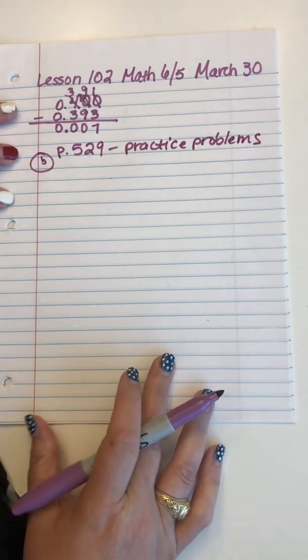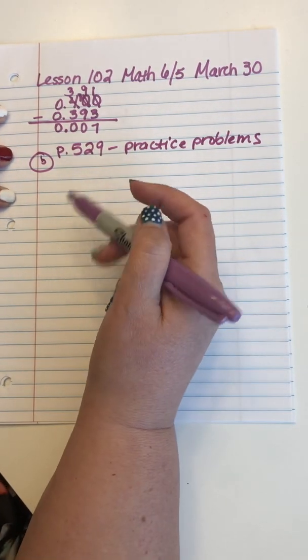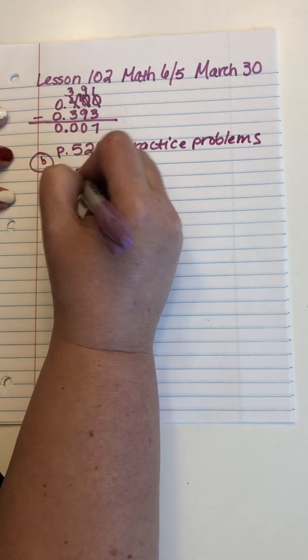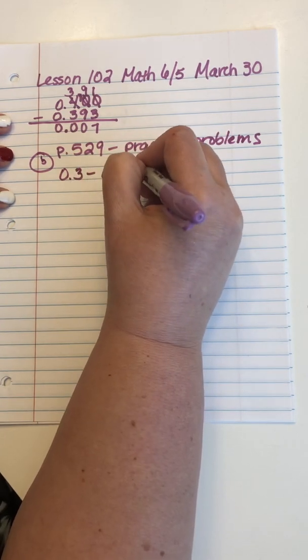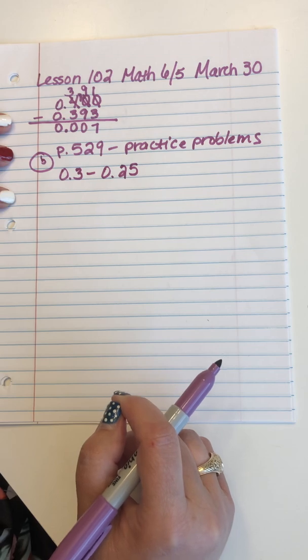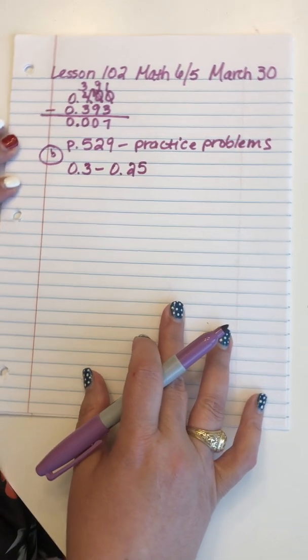Okay. Since there's not much new to this, I thought it'd be fun to work together on some of the problems. So my first problem is 3/10 minus 25 hundredths. The first thing I need to do is line up my numbers. Now I learned a cool trick the other day.